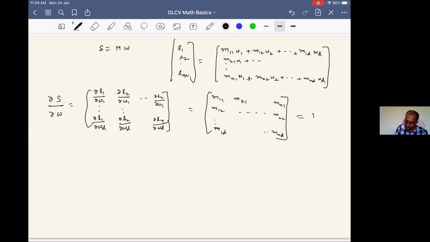So this is nothing but, is this M or M transpose?